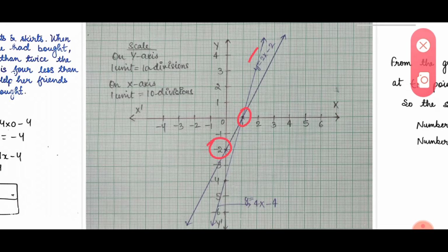And the line representing the equation y equals to 4x minus 4 passes through 2 points which are 1, 0. Okay, this is the same point that the line y equals to 2x minus 2 passes through. Okay, and the second point is 0, minus 4. So what is the intersection point here?